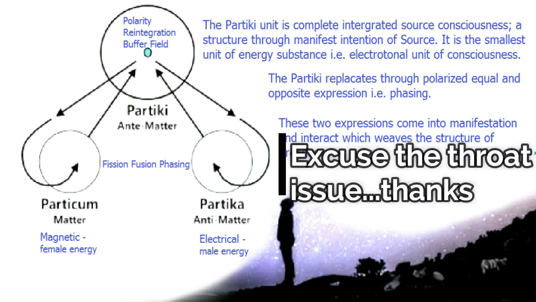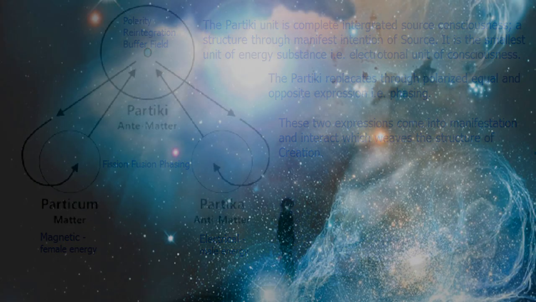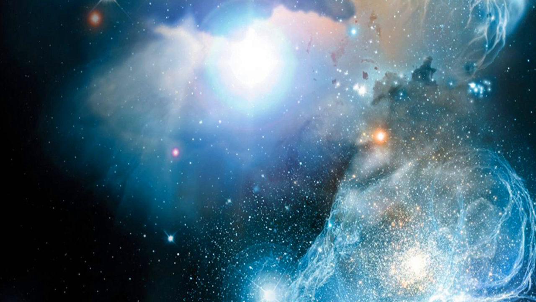The particuli replicates through polarized equal and opposite expression, that is to say, phasing. These two expressions come into manifestation and interact, which weaves the structure of creation. Everything can be found within particuli.